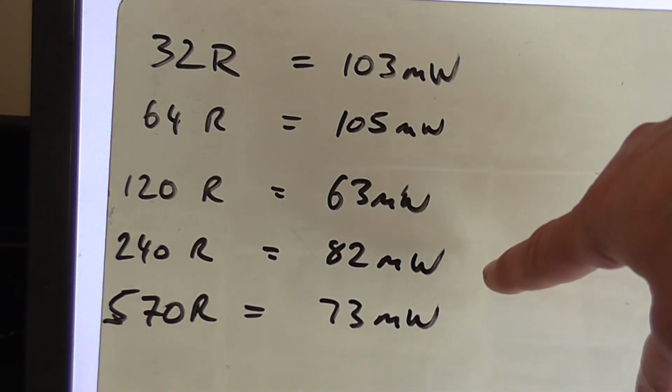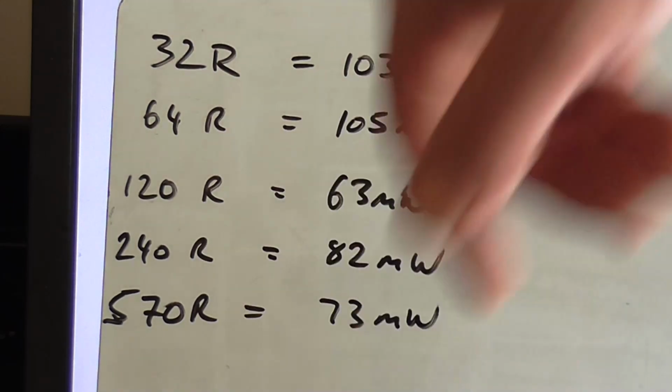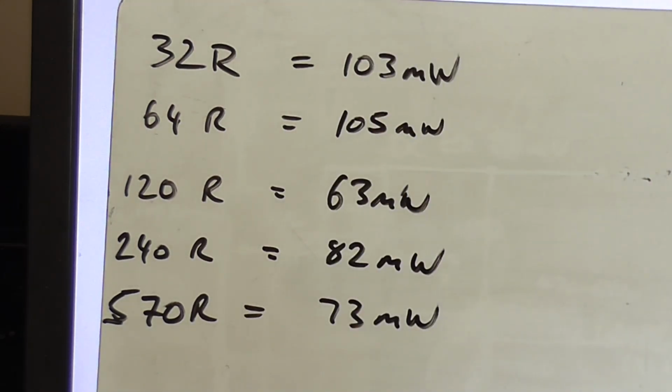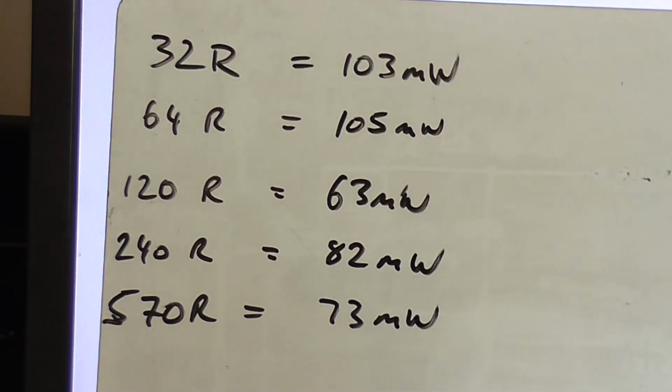At 240 ohm, a little more, 82 milliwatts. 73 at 570 ohms, so it'd be probably close to the same at 600. So averaging those out, ignoring the 120 for the moment because it seems to be the lowest, this thing would produce around about the 83 milliwatt range into most headphones, which is still significantly loud, mind you.